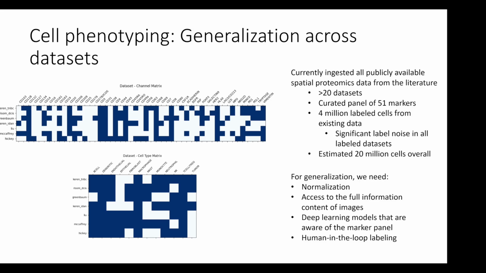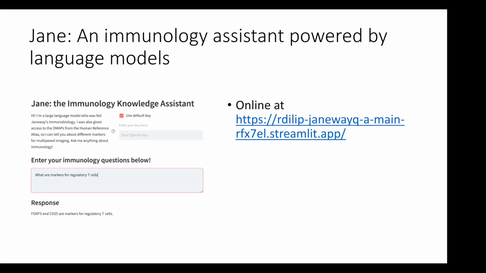So if a model's looking at an image of, say, CD45, it actually has some notion of what CD45 is, or at the very least that CD45 is different from the other channels, CD8, CD4, ECAD, and whatnot. And also really important is access to scalable forms of labeling. I will highlight that, as part of this work, there's just a lot of immunology and biology that has to get understood.